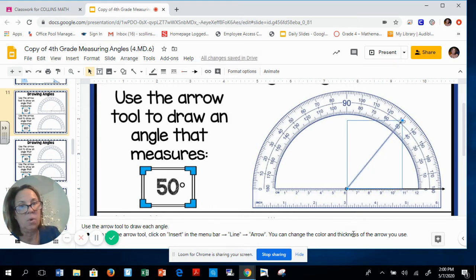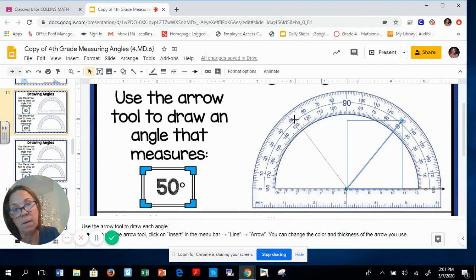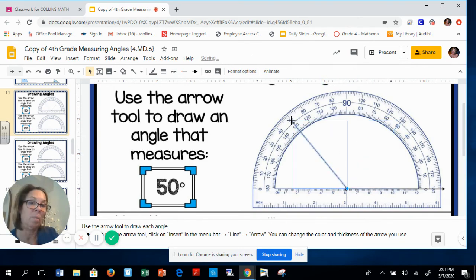Now, would it make sense to drag it all the way out here to this one? Well, if my angle is less than 90, it's a small angle. If I drew it and it went out this way, that would be way open.